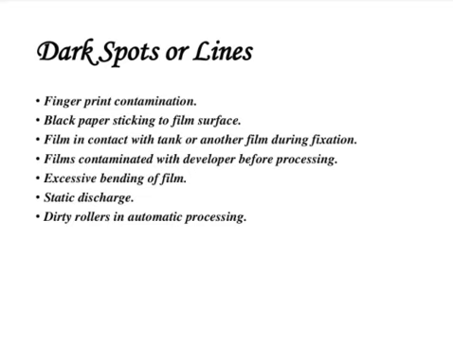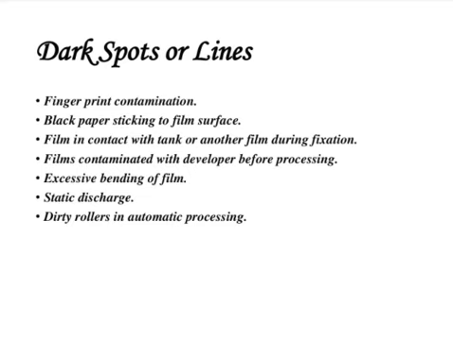Another is film in contact with the tank or another film during fixing. What happens if the two films are in contact? There will be no interaction of fixing solution in that area, so that area will turn more black.